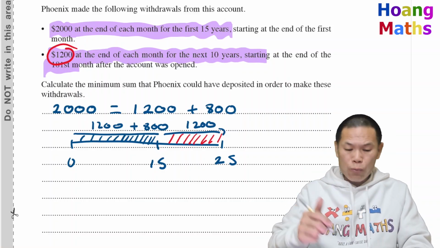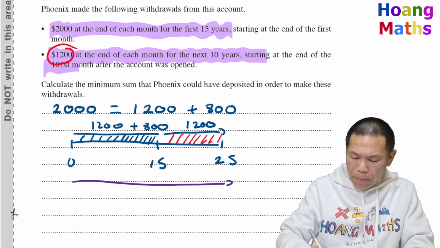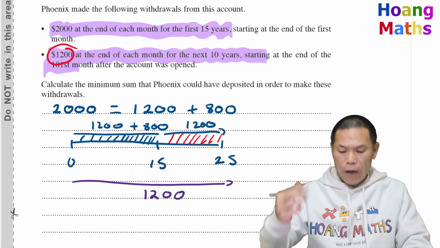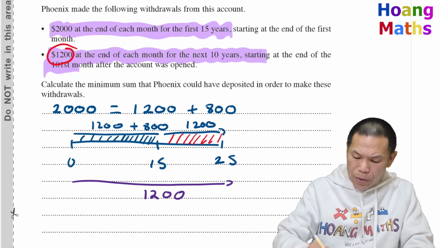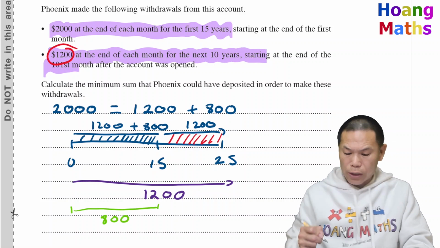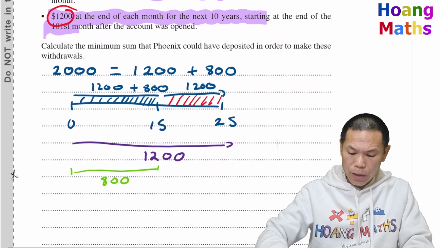So this means we can work this way: from here to here, we can make $1,200 for 25 years, and then we work out the present value for the first 15 years for $800. We add them together. Keep that in mind.